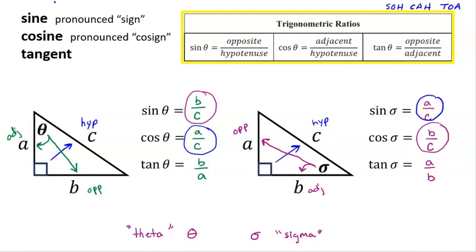And then our tangents are just flipped for the other.